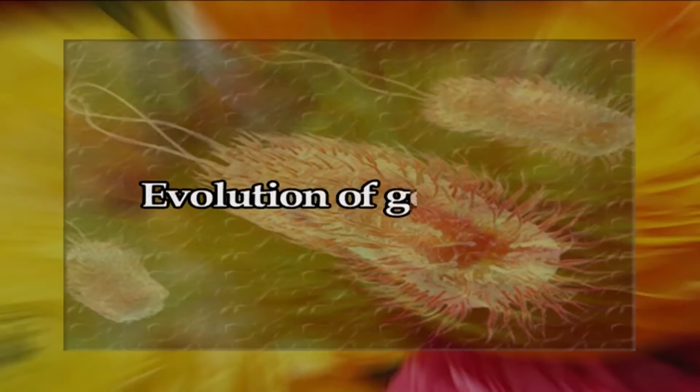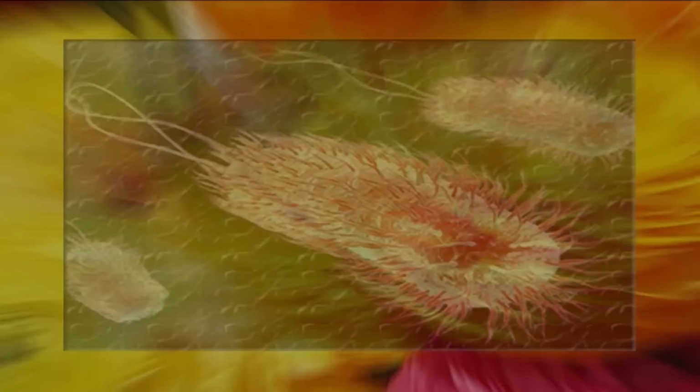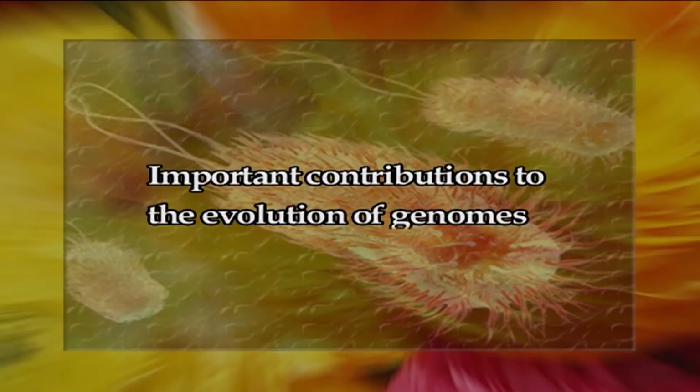The mutated region can then be used in turn as a probe for the wild type sequence. Number 7, evolution of genomes. Since transposable elements cause genetic changes, they make important contributions to the evolution of genomes.